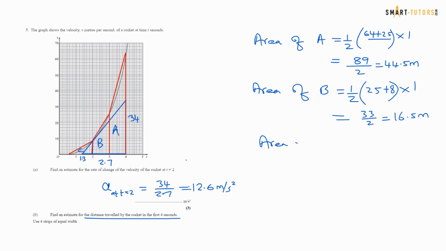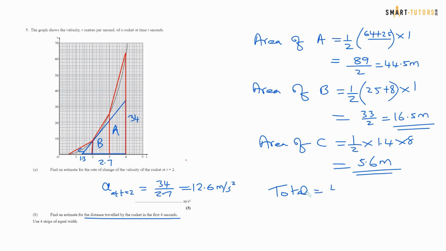Area of C is going to be half times base is 1.4 times is going to be 8. So 5.6 meters. So if you add total area, is going to be 44.5 plus 16.5 plus 5.6.